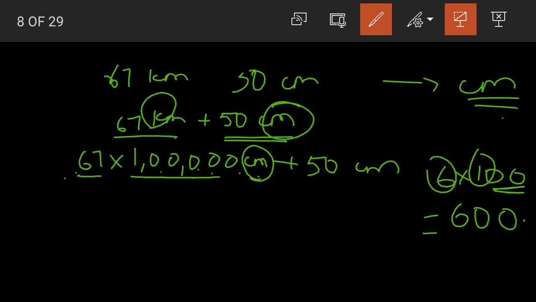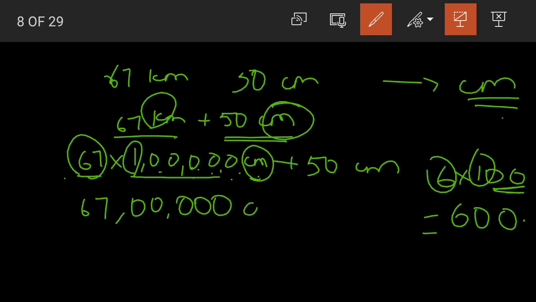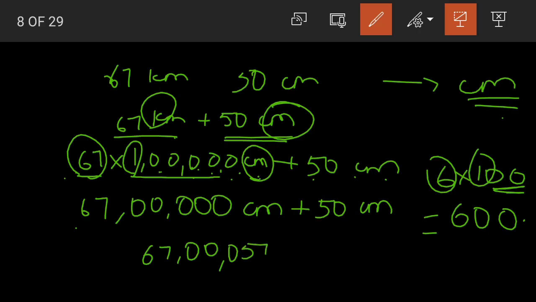In the same way, 67 into 1 lakh, 67 ones are 67 and count the number of zeros and write them as it is, 1, 2, 3, 4, 5. 67 lakh centimeters plus 50 centimeters, that is equal to 67 lakh 50 centimeters.